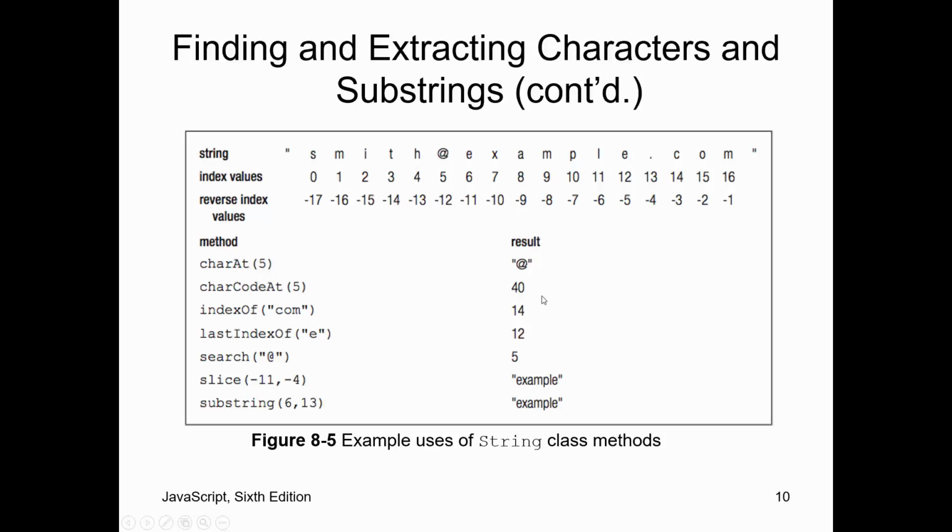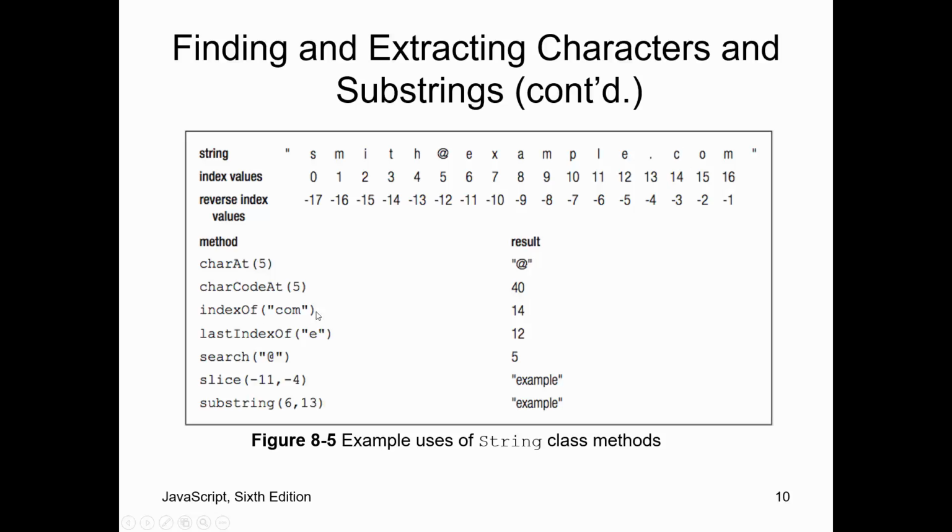The character code is 40, so if we went back and looked at the ASCII character code, it must be the @ sign. The index of com, so where does that start? 0, 1, 2, 3, 4, 5, 6, 7, 8, 9, 10, 11, 12, 13, 14. There's the C in com.